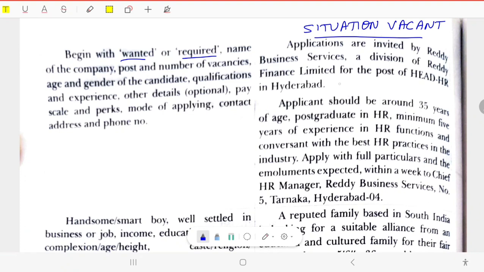When this kind of answer is checked in the exam, there are certain value points which should be included if you want good marks.